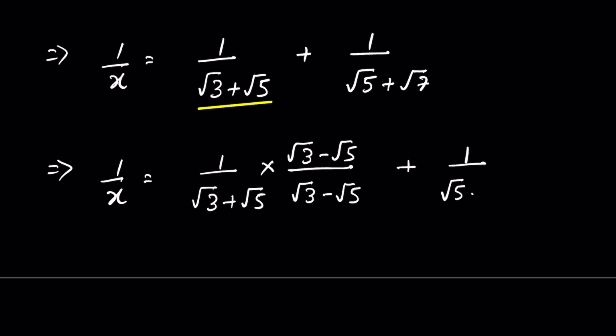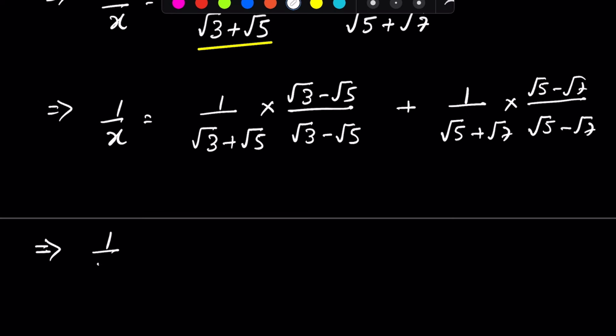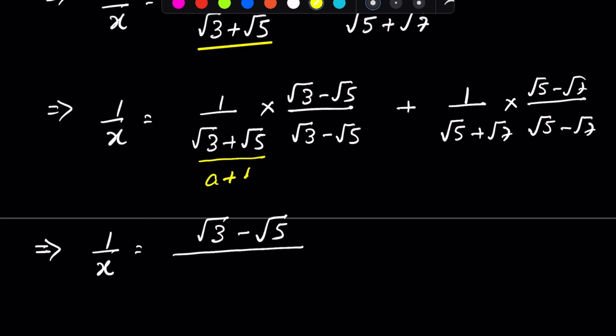So square root of 5 plus square root of 7 times square root of 5 minus square root of 7 upon square root of 5 minus square root of 7, or 1 upon x is equal to square root of 3 minus square root of 5 upon, this is in the form of a plus b times a minus b, and this is an algebraic expression. It is equal to the difference of squares, a square minus b square.